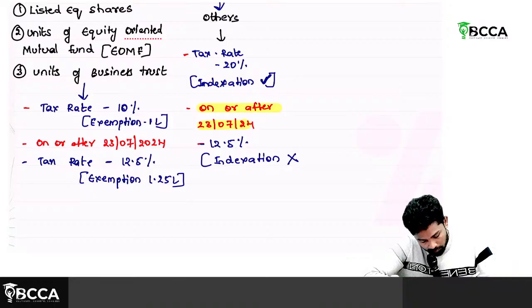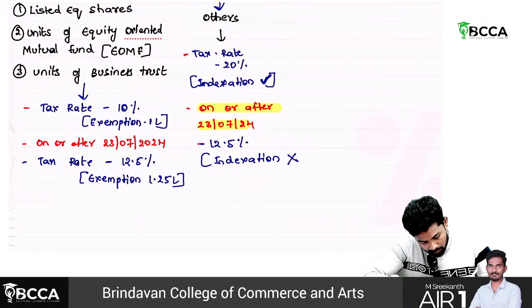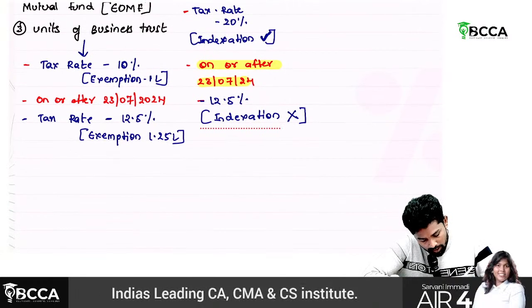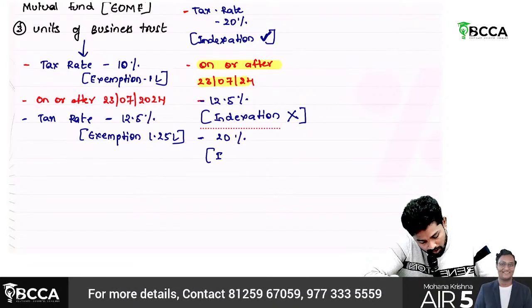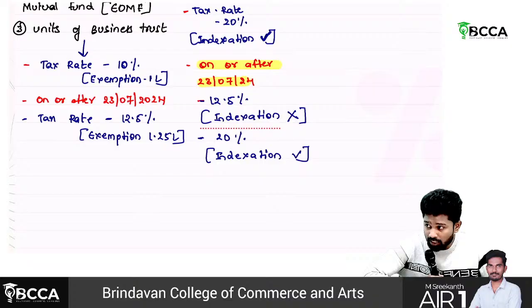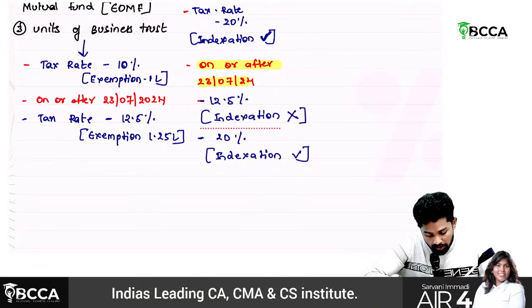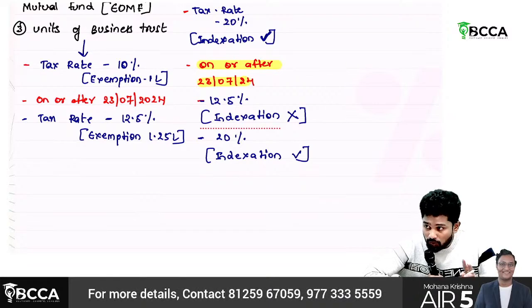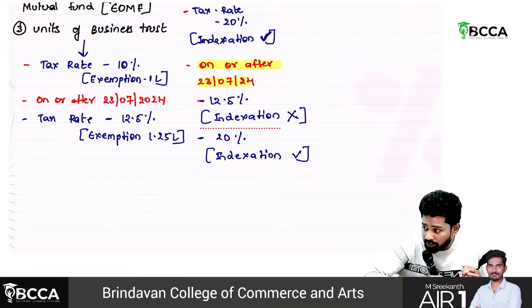Again, there is another option also, sir. You can take 20% also, but then indexation is available. We'll understand on which assets it is. After 23rd July 2024, there are two options. Without indexation, 12.5%. With indexation, it is 20%.